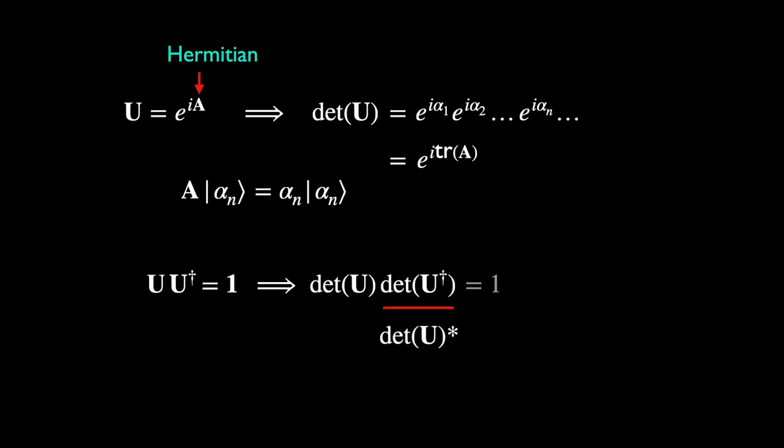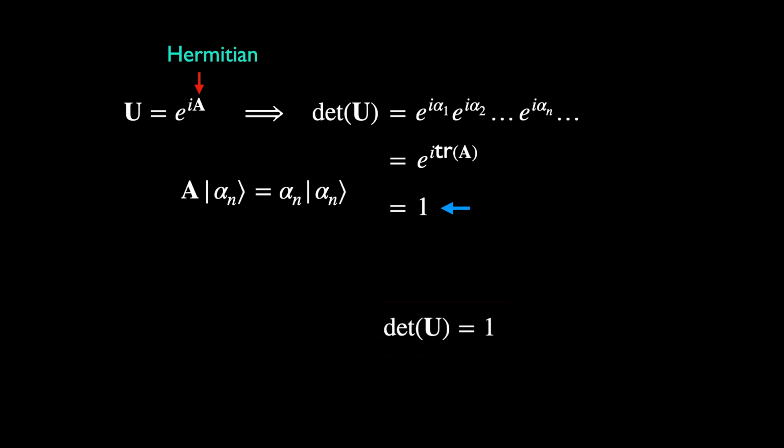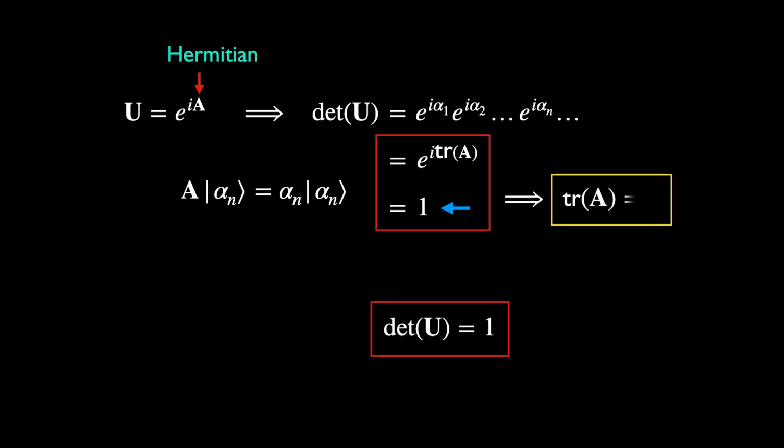One possible way of satisfying this condition is for the determinant itself to be equal to 1. Notice that this means the trace of A has to be equal to 0. Thus we see where the traceless condition for the generators of U comes from.